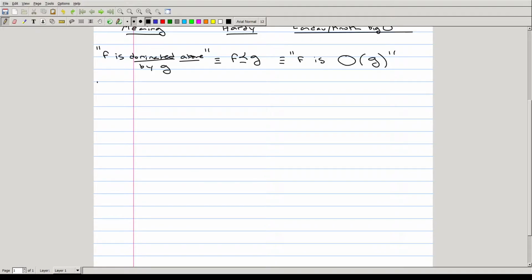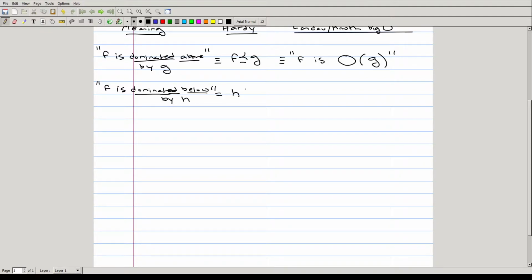Correspondingly, we have the meaning that f is dominated below by some function h, say, in the Hardy Littlewood notation.